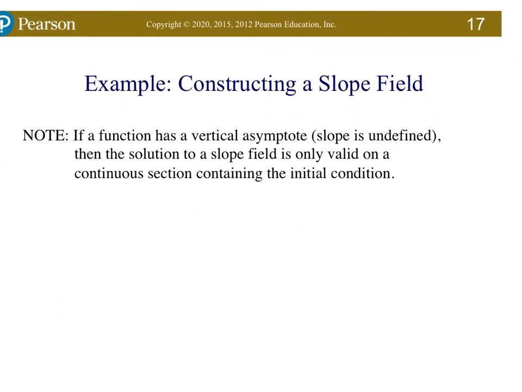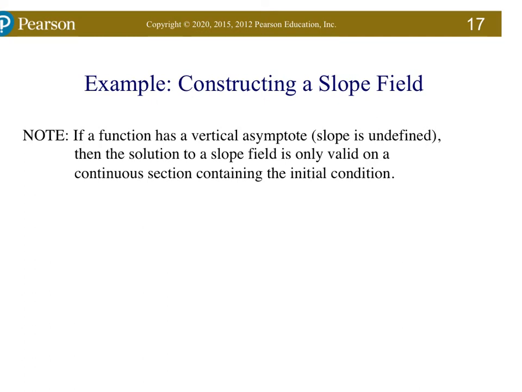Okay, a note about slope fields and where they are valid and where they are not valid. A slope field is only valid within, if you have asymptotes, an asymptote sort of divides a graph into different regions. Your slope field is only valid in the region that contains the initial condition.